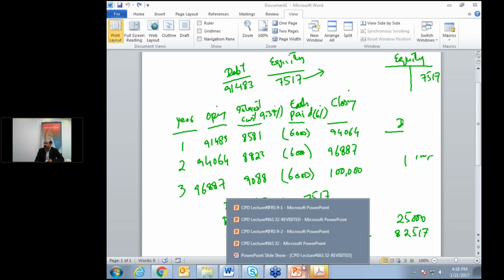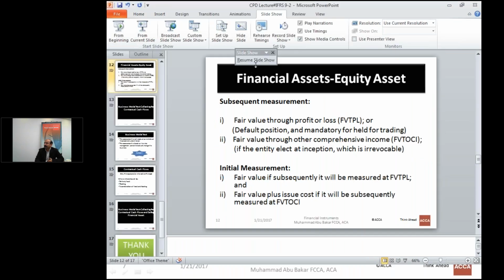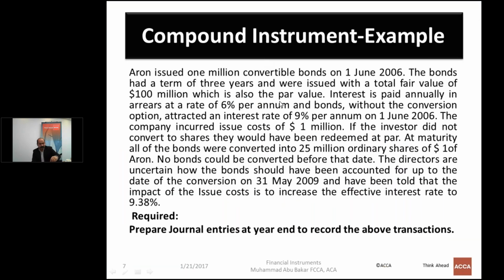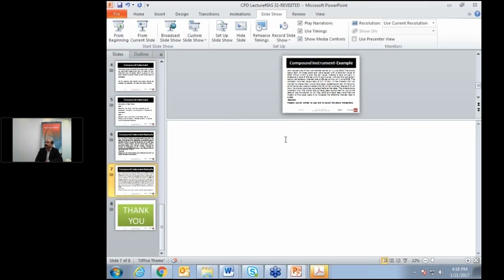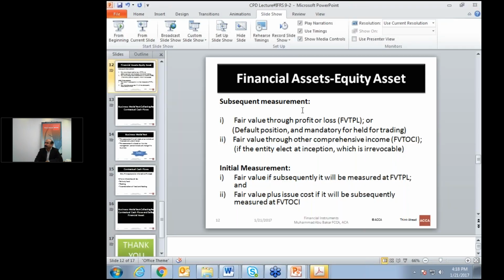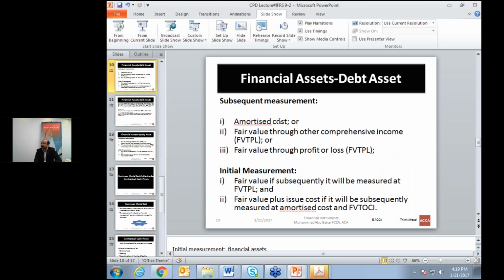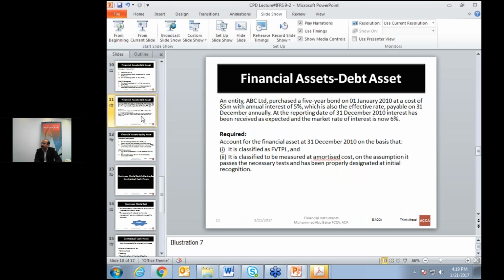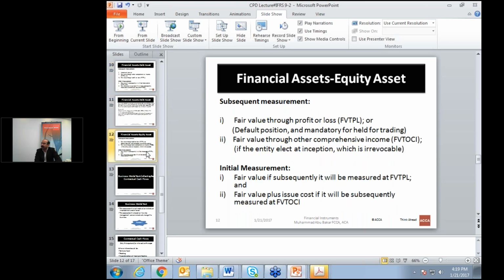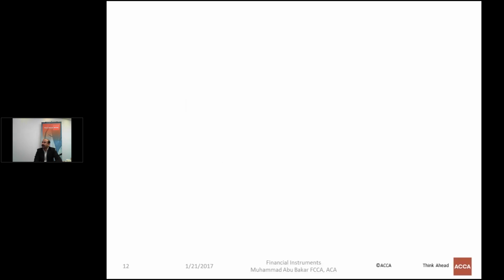Okay. We were discussing financial asset. We completed this question. And if I just remind you what we discussed, this is the summary.